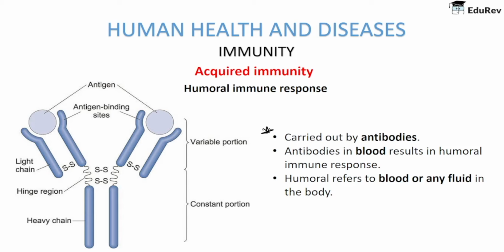Humoral refers to the blood or any fluid present in the body. This kind of immune system where antibodies are fighting with the infectious agent or bacterium entering inside our body is termed as the humoral immune response.